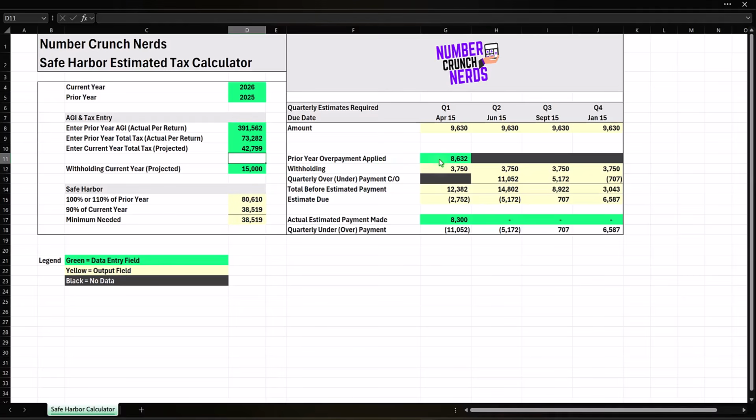Going back over here to Q1, I can already see that 8,632 of overpayment applied, plus 3,750 of the withholding, in other words, 25% of the annual withholding.